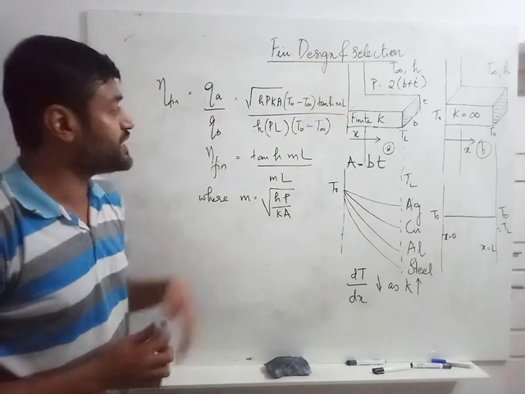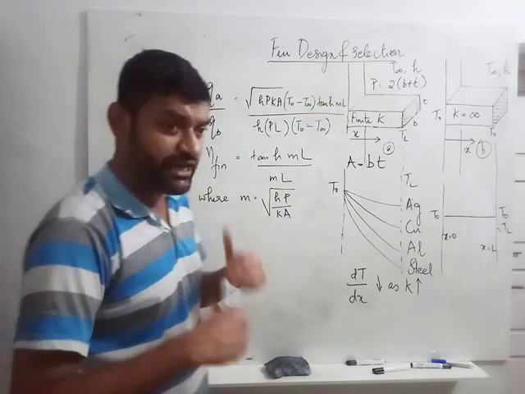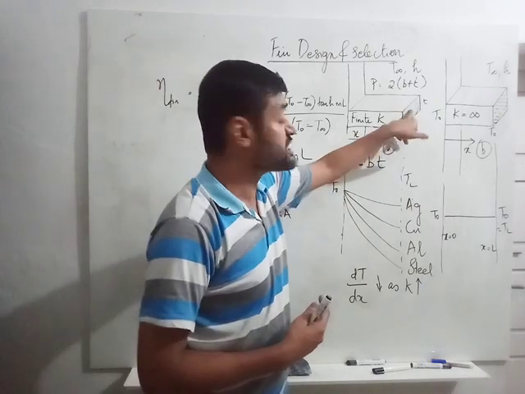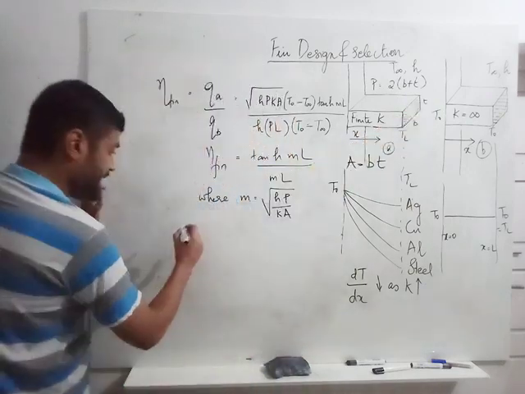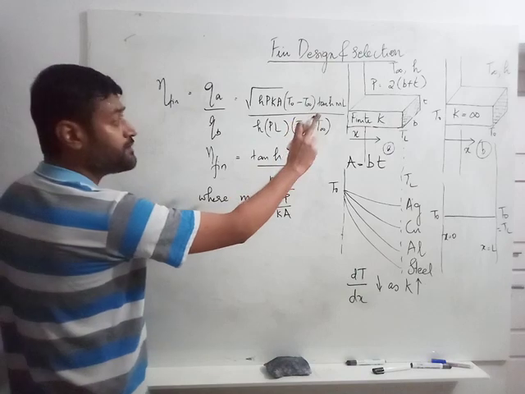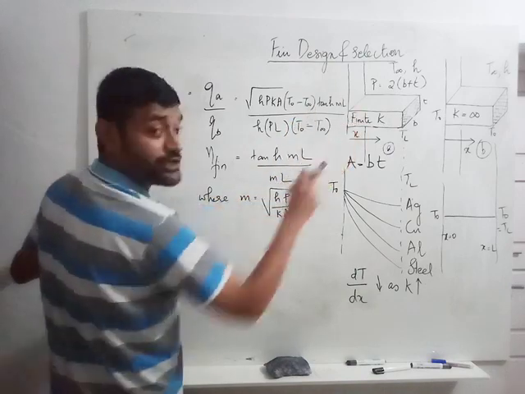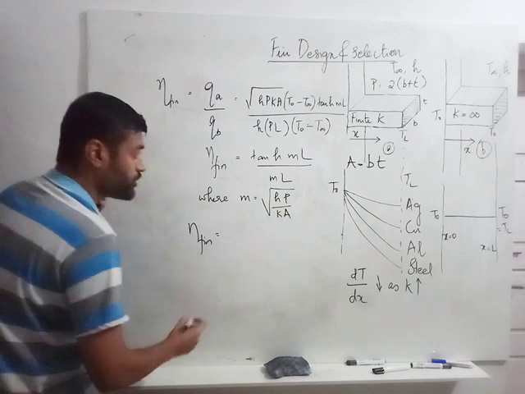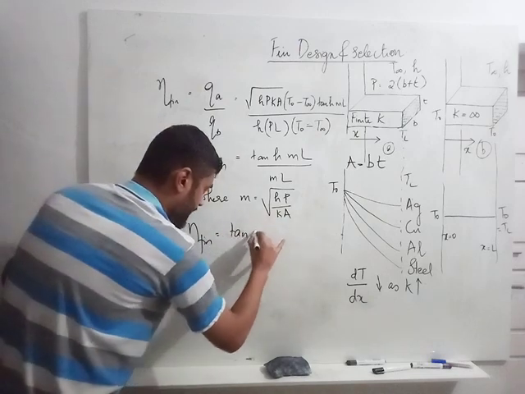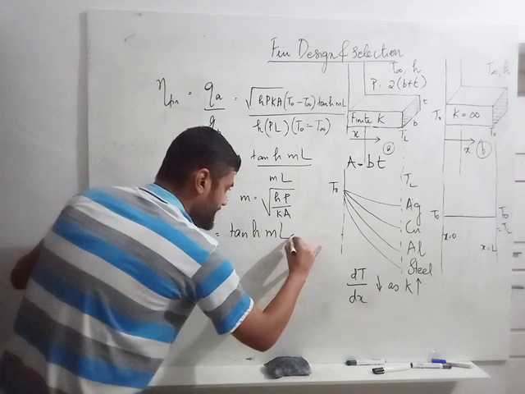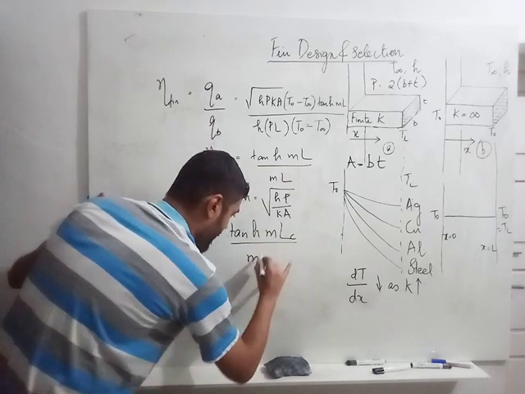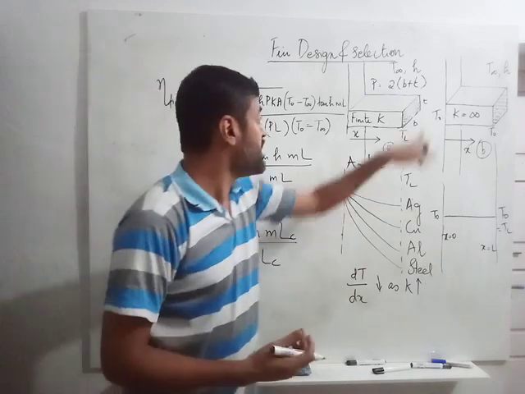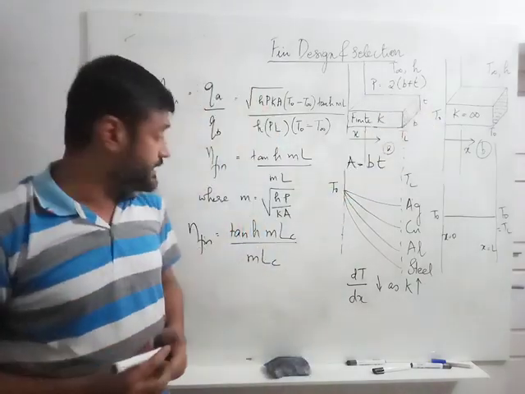Instead of using an insulated tip, if I give the allowance that the tip is also capable of transferring heat, then if I use a fin with the tip being non-insulated, I have eta fin is equal to tanh(mLc) upon mLc, where Lc is the corrected length which allows for this area to be also taken into account.